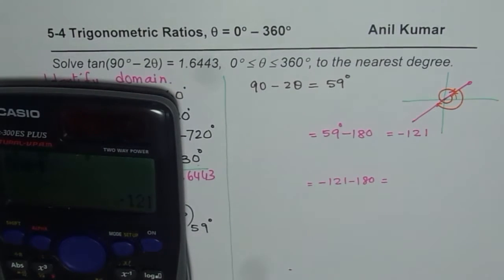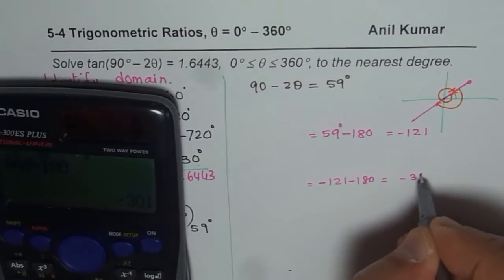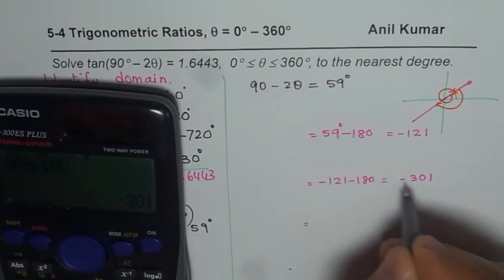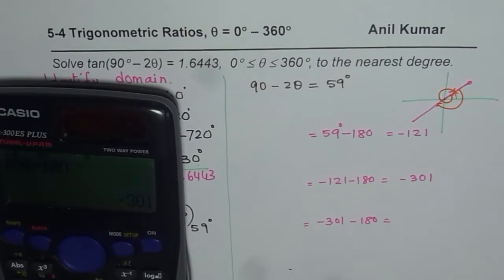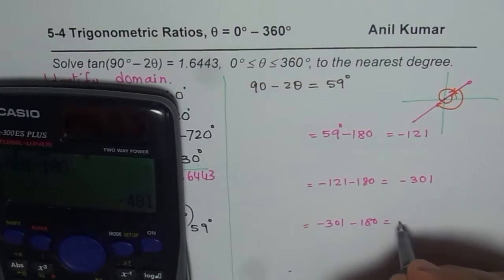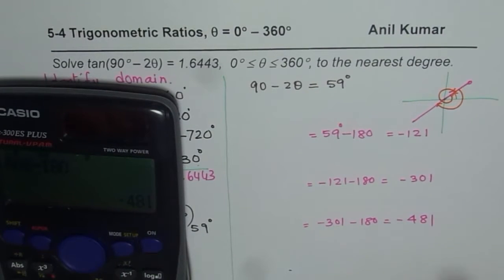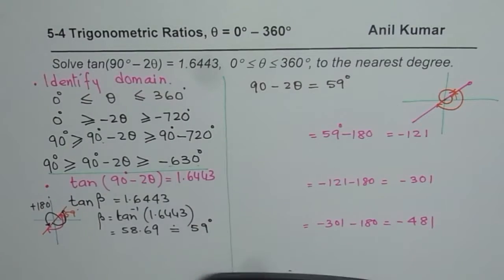We get minus 301. And now we'll again take away 180 degrees. So minus 180, we get minus 481. Now let me try to take another 180 degrees from here. Minus 180, I get minus 661.